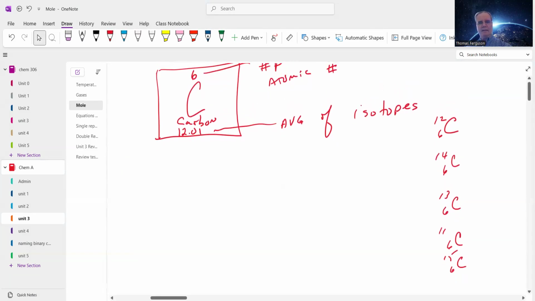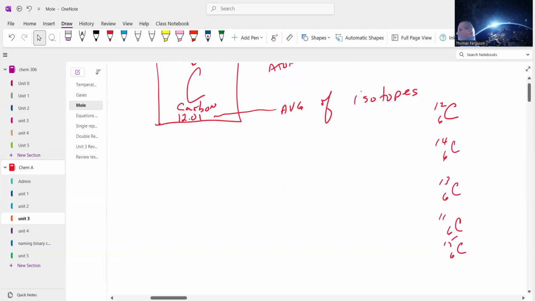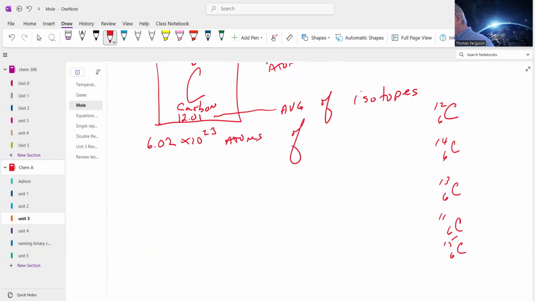So what exactly is the decimal number? I said it's the average of all the isotopes. What is it? Okay. If we were to take this many atoms of carbon and put them on a balance, it would weigh 12.01 grams.